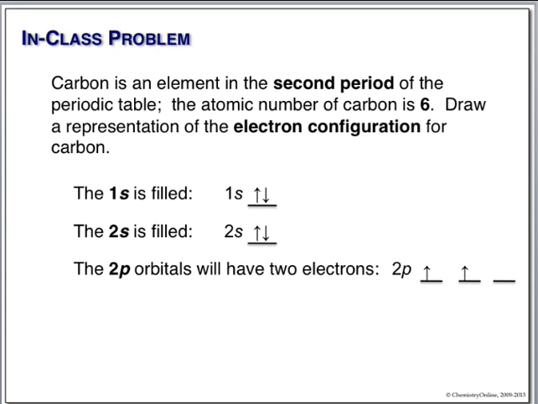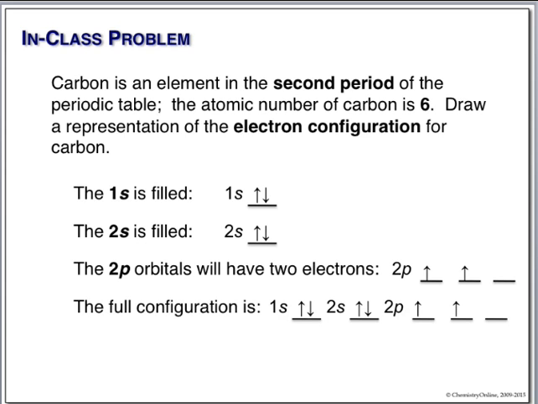Now once again, this is all really basic stuff. If anything we said here didn't work with you, it's been a while since you've had general chemistry or something, this is the full configuration, and we would abbreviate this as 1s2, 2s2, 2p2.